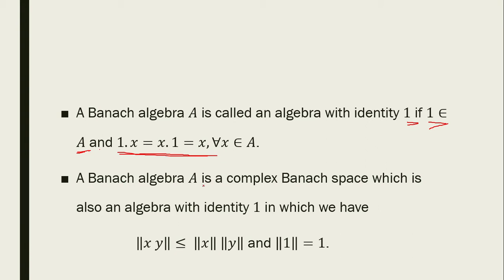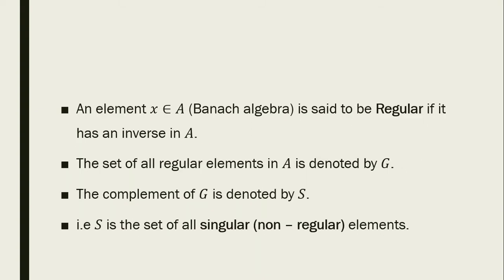A Banach algebra is a complex Banach space which is also an algebra with identity 1 in which we have norm xy is less than or equal to norm x, norm y, and norm 1 is equal to 1.